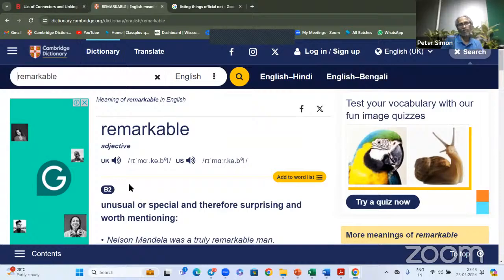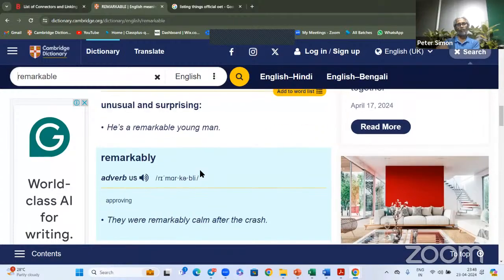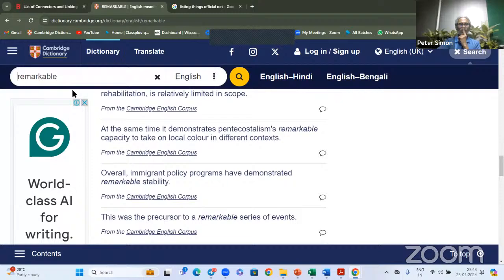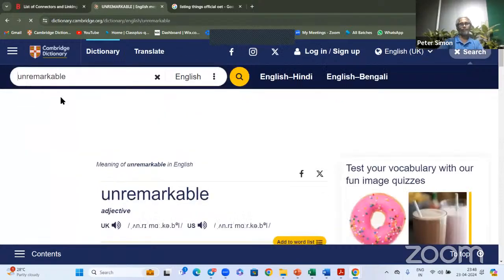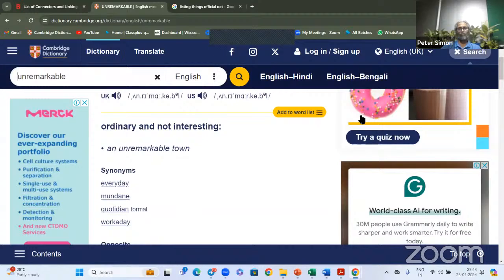And unremarkable will definitely be above that. So instead of A2, use B2, which is more probable. Okay. Unremarkable, meaning is ordinary and not interesting. Right.